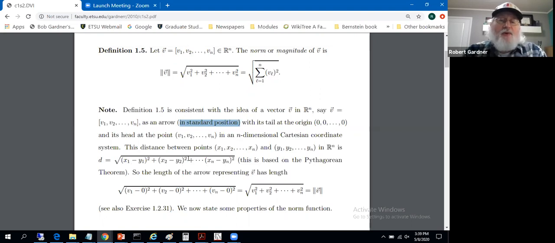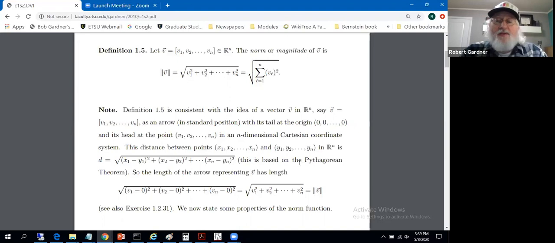You're most familiar with it in R2, in the Cartesian plane, where you take a difference in first coordinate squared plus a difference in second coordinate squared and take a square root. Well, just continue through all of the coordinates of the point. That's how you measure distances in Rn. That's the Euclidean measure of distance.